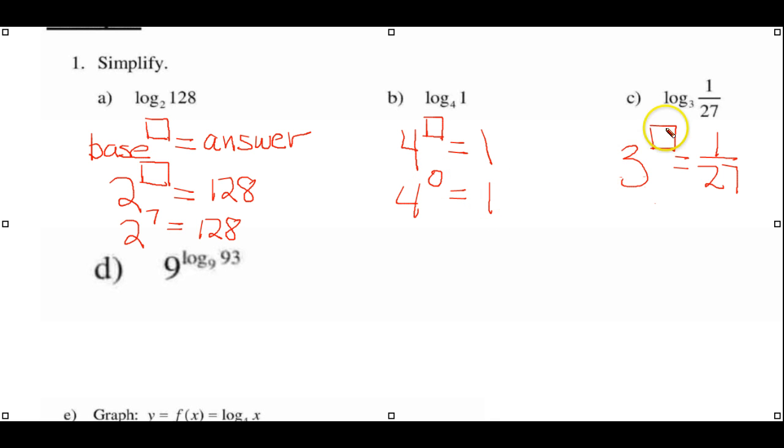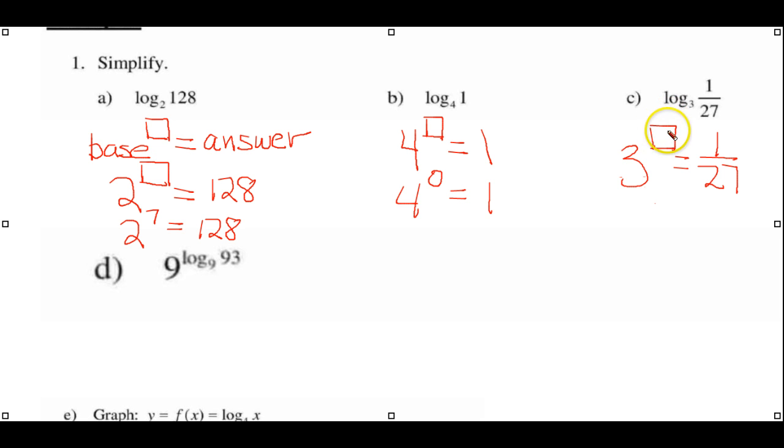All right, this one's a little tricky too, because it's 3, which is our base, to what exponent would equal 1 over 27. Now, we did this in a previous lesson too. Now we know 3 to the 3rd power would be 27.